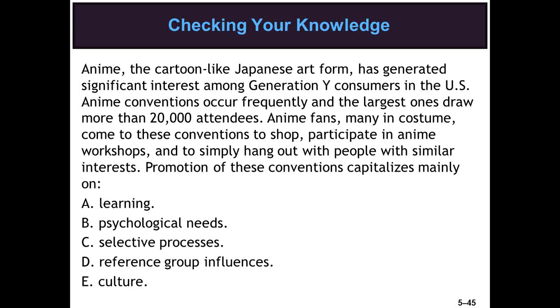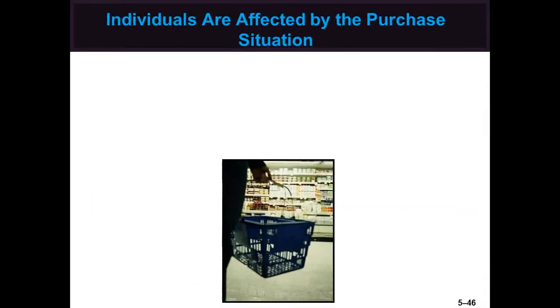Promotion of these conventions capitalizes mainly on D, reference group influences. A reference group is the people to whom an individual looks when forming attitudes about a particular topic. Consumers may take values from these reference groups and make buying decisions based on what the group might accept. So clearly, reference group influences.